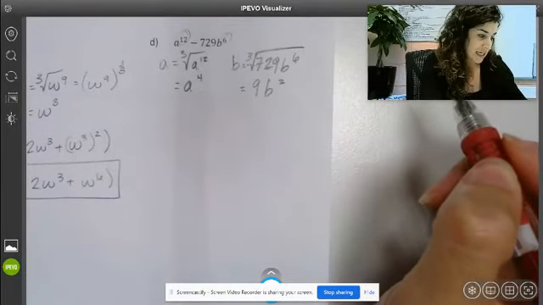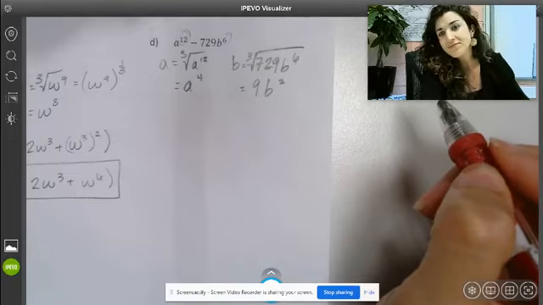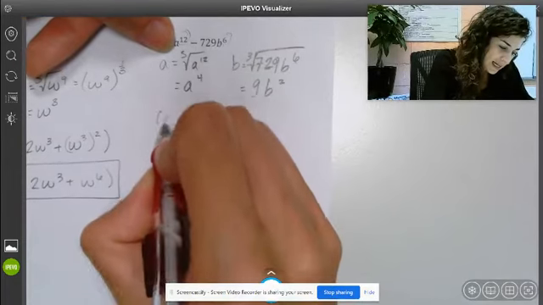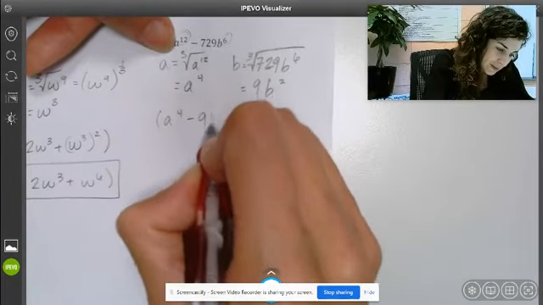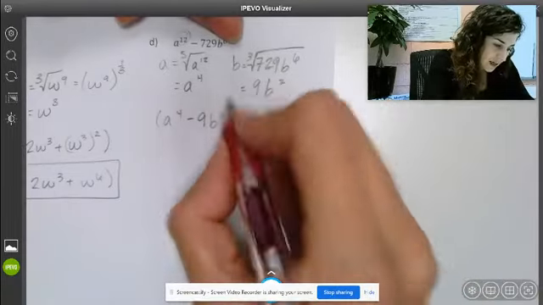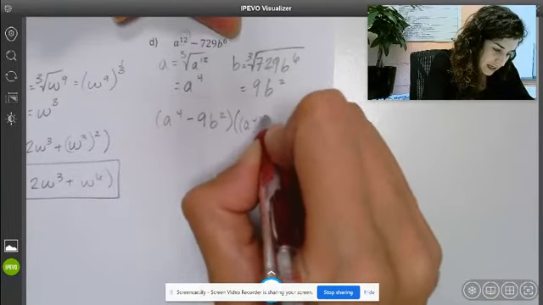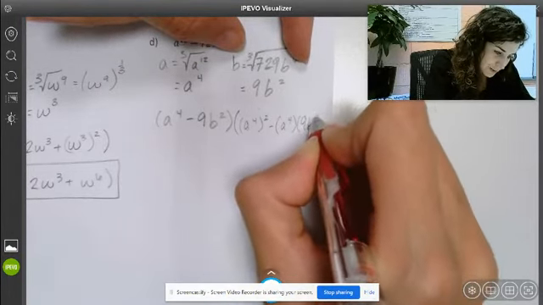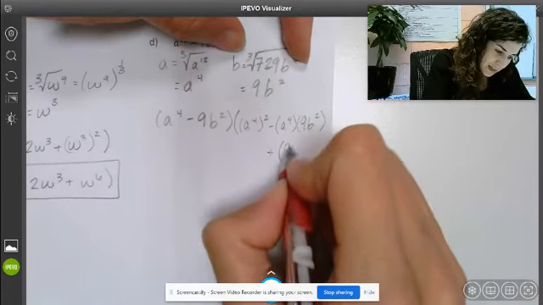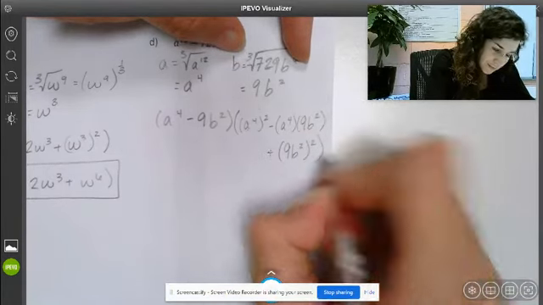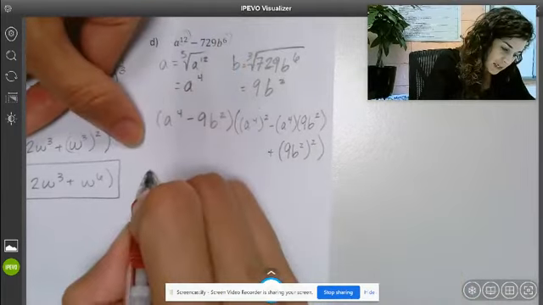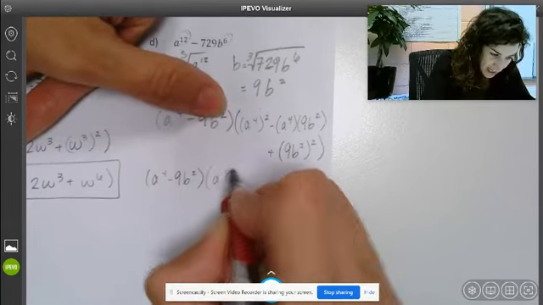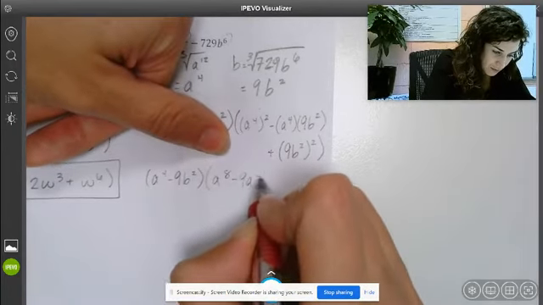So now we plug all this information into our formula. If it was a cubed minus b cubed, it now becomes a minus b times a squared plus a times b, oops, I've run out of room, plus b squared. So this becomes a to the 4th minus 9b squared times a to the 8th plus 9a to the 4th b squared plus, do not forget to distribute that squared to the 9 as well, so plus 81b to the 4th.